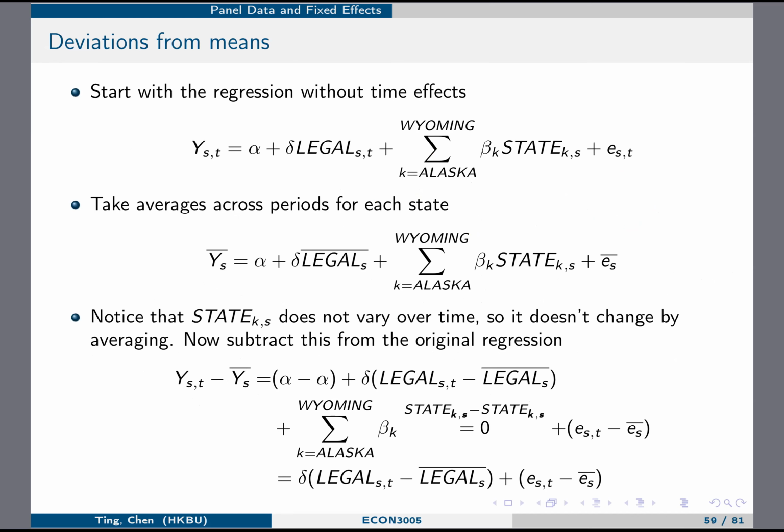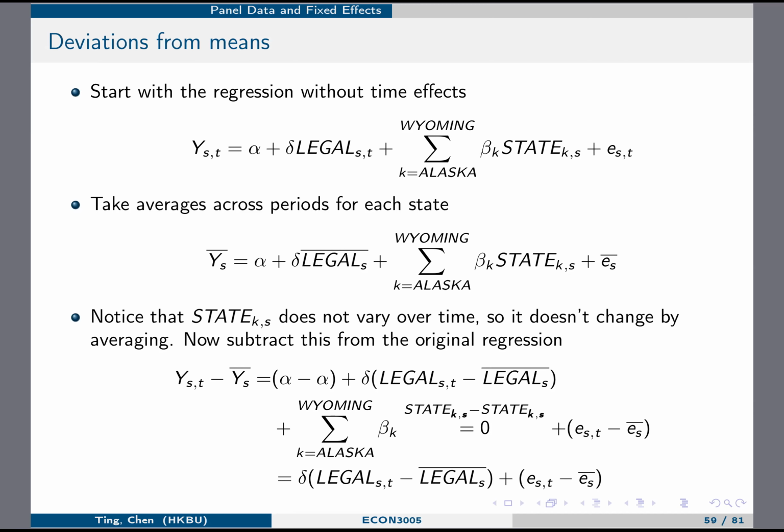And if we take the average across the periods for each of the states, we replace this state-by-year observation with the mean of the state.